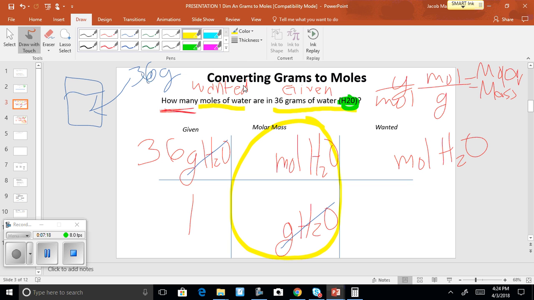Once again, it's flipped. It's upside down. The grams is in the bottom and the mole is on top. But that's fine. No big deal. Remember, my molar mass for water is 18 grams per 1 mole of water.